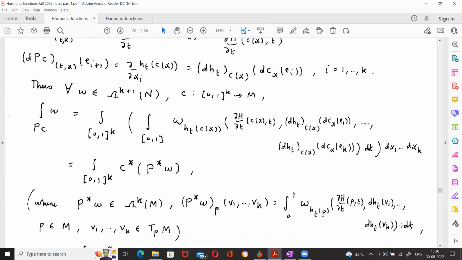Now notice that this right-hand side is alternating and multilinear in the vectors v1 to vk, because omega is multilinear and these derivatives dht are linear. So this is a k form on M, yes? Yes, sir. Okay. So what is this k form? This k form is nothing but the following.